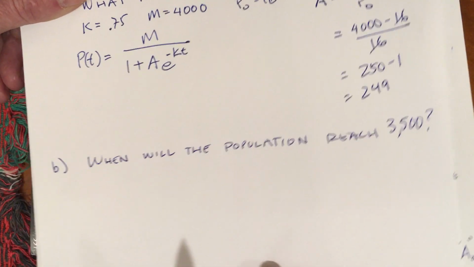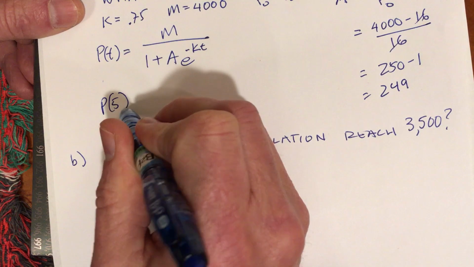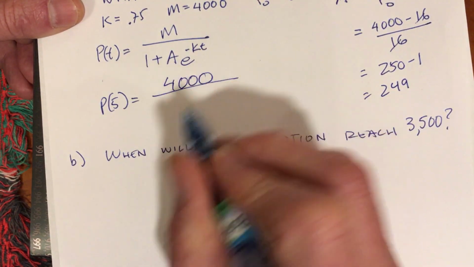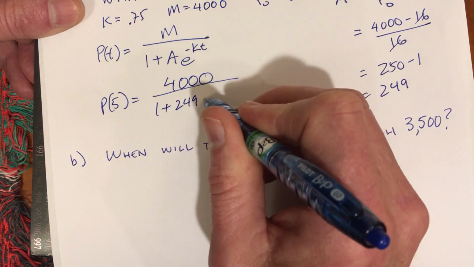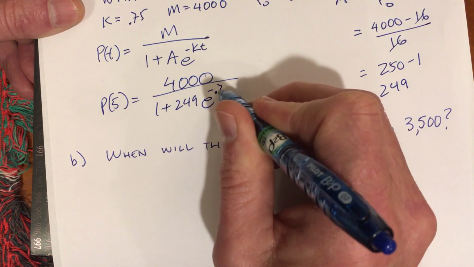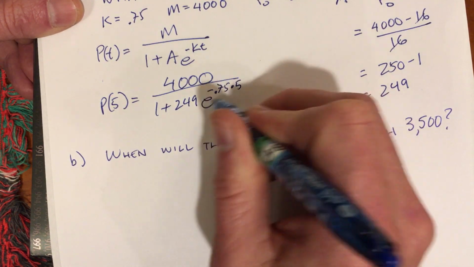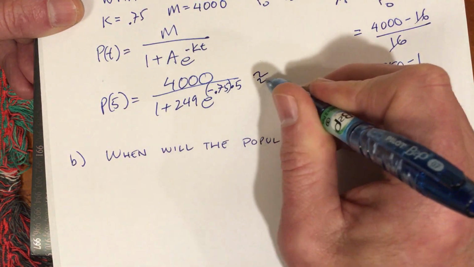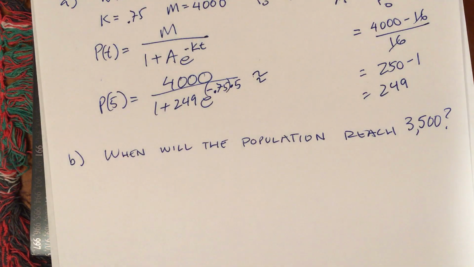Okay, so my equation then, after 5 years, I'll say P of 5 is going to be equal to 4,000 all over 1 plus 249 e to the negative 0.75 times 5, okay?